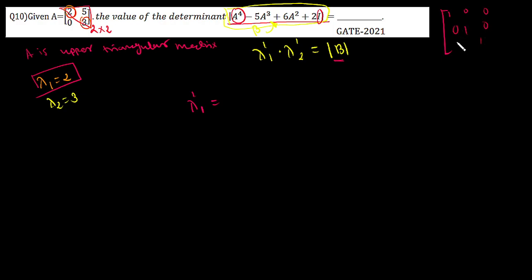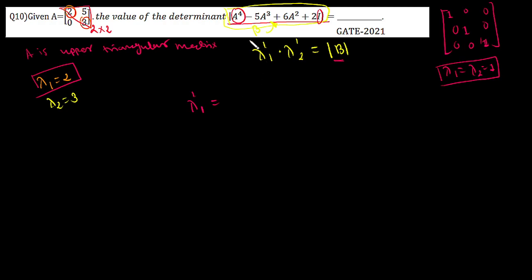If you find the characteristic equation of any identity matrix and its roots, it is simply 1. So all the eigenvalues of any identity matrix are 1.